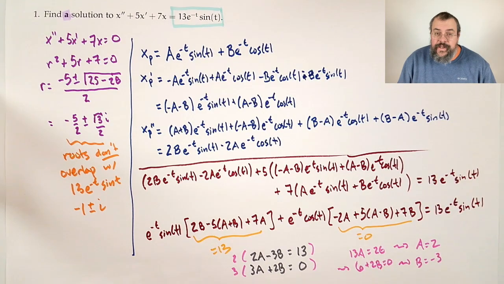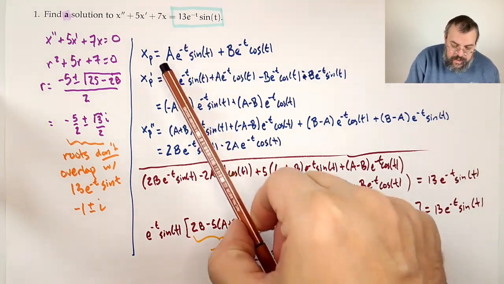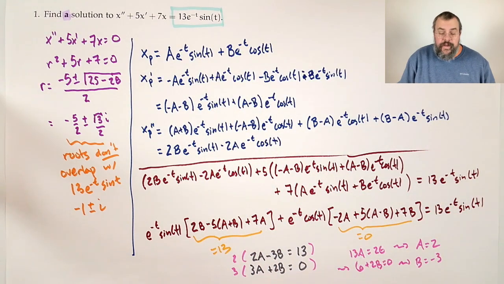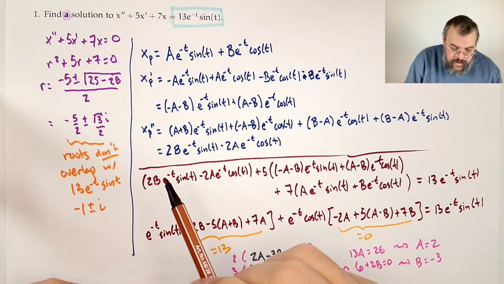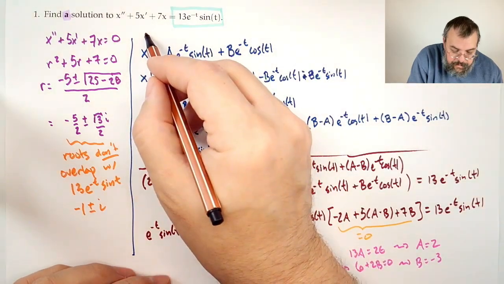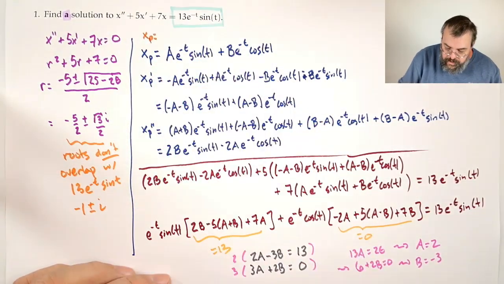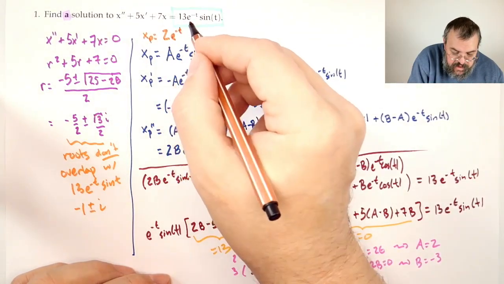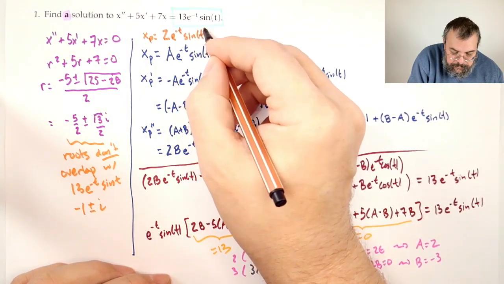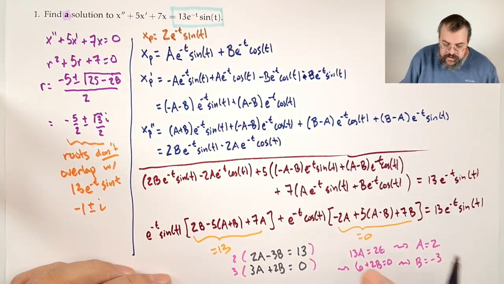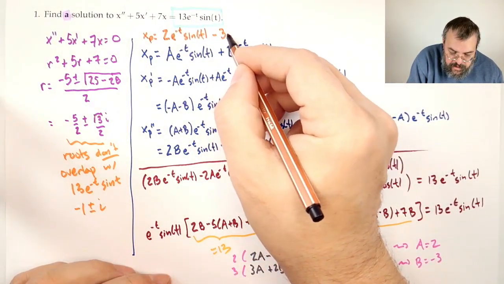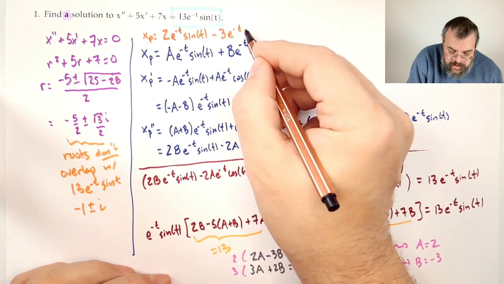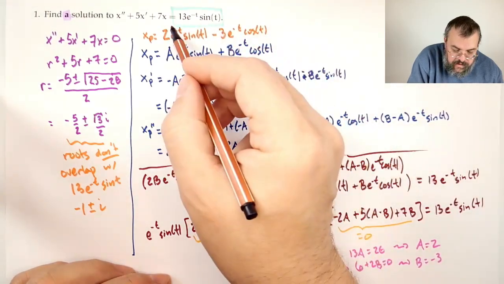And so now we are basically done. The only thing left to do is to say we know what a and b are, so we plug them in. And so we get that our particular solution would be 2e to the minus t sine of t and minus 3e to the minus t cosine of t.